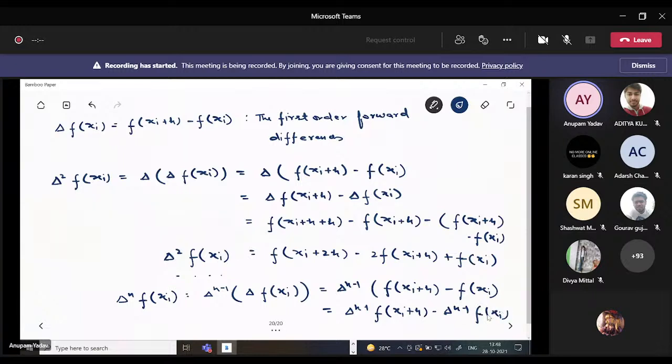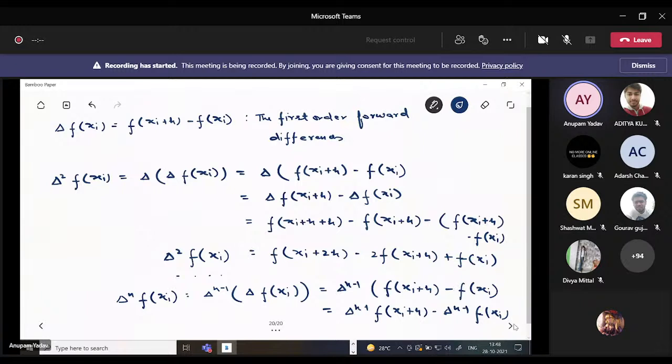Further, we can take one more step, delta n minus 2 into delta f of xi plus h, and use the same formula. But evaluating it for a higher order may be challenging if we do not do it in an organized way.